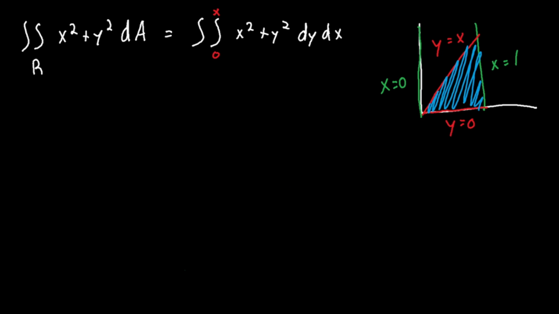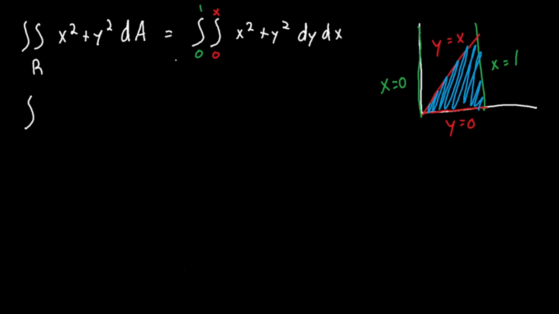And how about our x boundary? Well, our x boundary, b, represents the right side, and a represents the left side. So the right boundary of this region is x equals 1, and the left boundary is x equals 0. Therefore, a is equal to 0, and b is equal to 1. And we have our integral set up now.